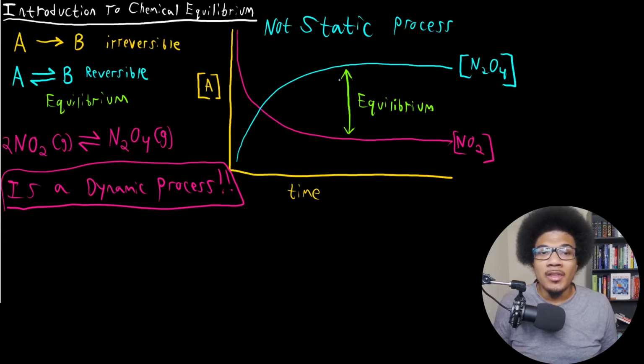How do we show which side the equilibrium favors? Will it produce more N2O4 in this case, or will it produce more NO2? Where does it sit stable? Trying to quantify these equilibrium processes is tricky, but it's very foundational to understanding equilibrium. So we'll talk a lot about how we quantify it and how we further understand these equilibrium processes.